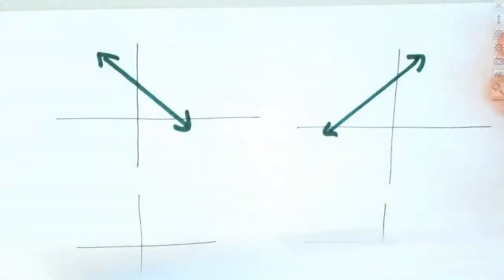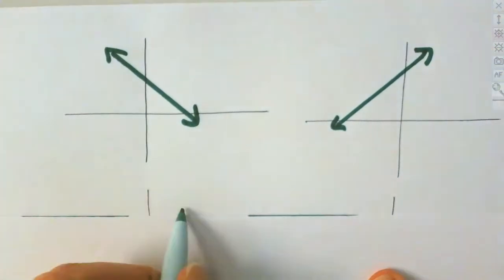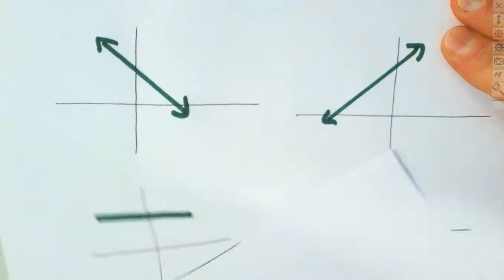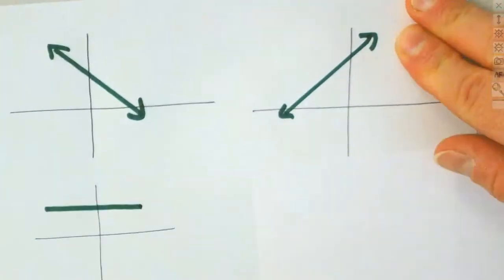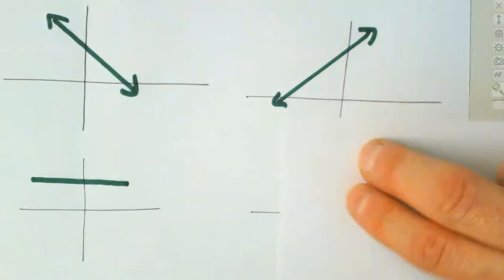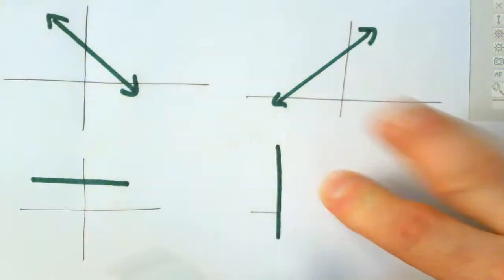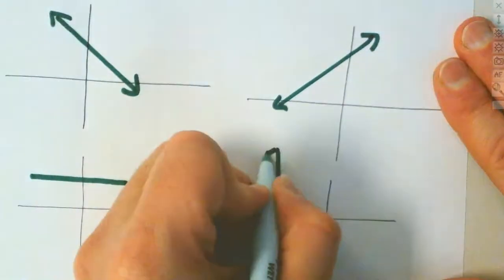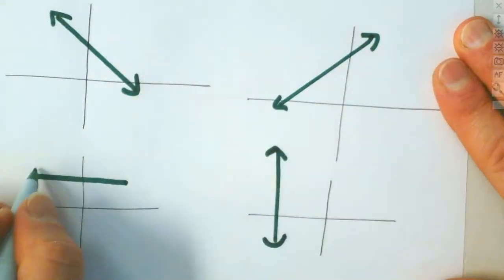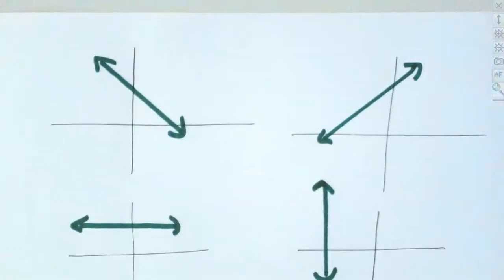And we'll do a horizontal and a vertical as well. We're going to talk about these 4 graphs together. We're not going to actually find the value. We're going to talk about whether they are positive, negative, or whether they are undefined. So let's look at this one.